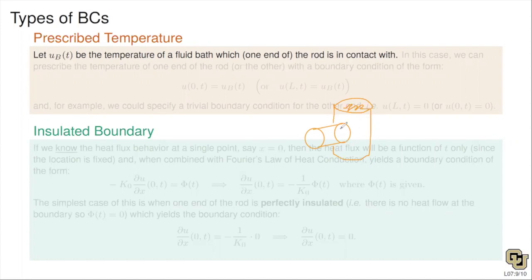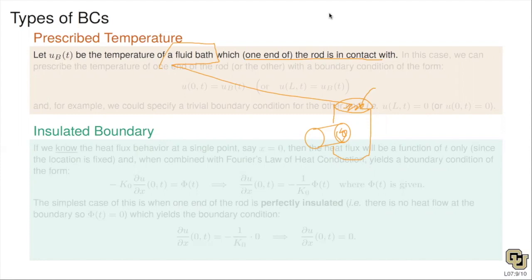And so this end is getting heated up by this boiling liquid. And you can have it on the left end or the right end. Okay, so this is the fluid bath, which one end of the rod is in contact with. You can do two ends, we're just doing baby steps.